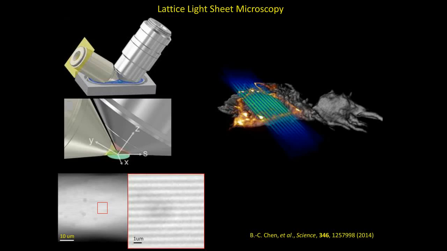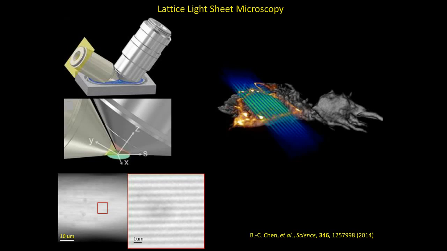This is a single leukemia cell, and the cell is labeled with a membrane marker. As you can see, we have many beam light sheets, so we can dither the lattice pattern a little bit, and then we can create a time-averaged uniform excitation. The thickness of this light sheet plane is around 0.5 micron, which is very good for the cell. We can do subcellular resolution.